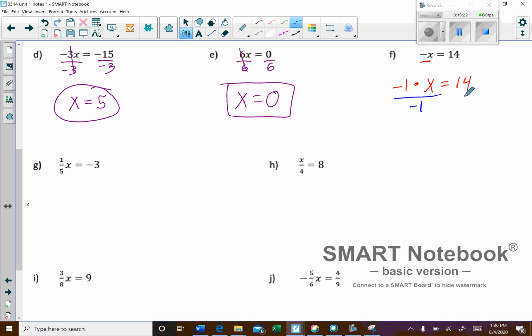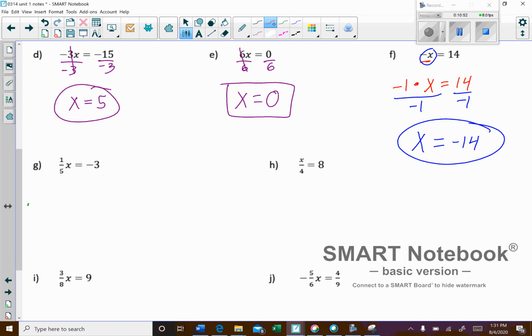You can either divide or multiply both sides by -1, and all that does is cause a sign change. That turns the negative x we originally had up here into a positive x, and it turns the positive 14 into a -14. So either way, if you multiply both sides or divide both sides by -1, that's what will occur.